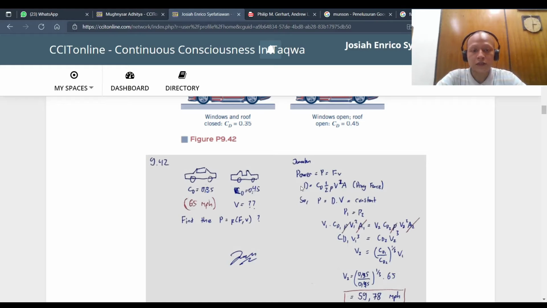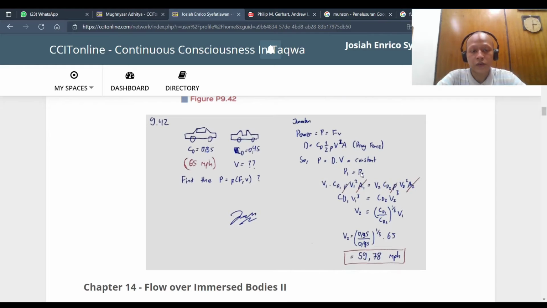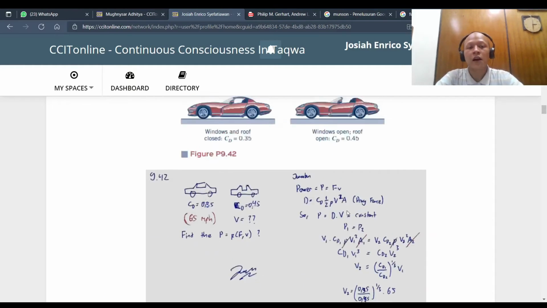And we found out this is the drag coefficient, and then we find out which are constant, and we put all this formula into an equation, and we cancel out all the corresponding variables, and finally we got the ratio for v2 and v1. Putting the numbers, we're gonna get the velocity for the second condition equals 60 miles per hour. Okay, that's the first one.